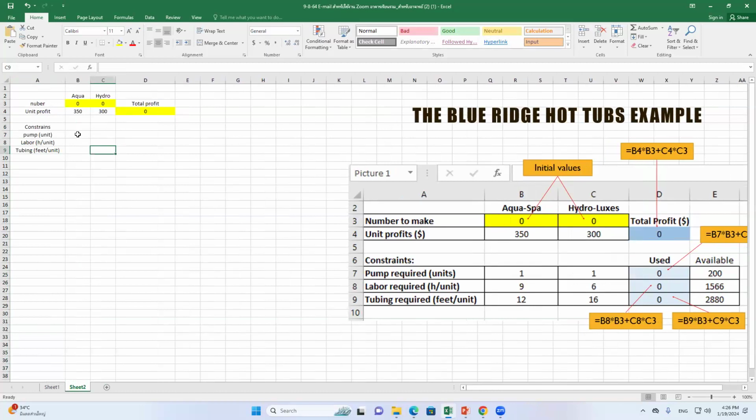Okay, the pump: we need 1 pump for Aqua A and 1 pump for Hydro. And 9 hours for Aqua A and 6 hours for Hydro. Tubing length is 12 feet for Aqua A and 16 feet for Hydro.